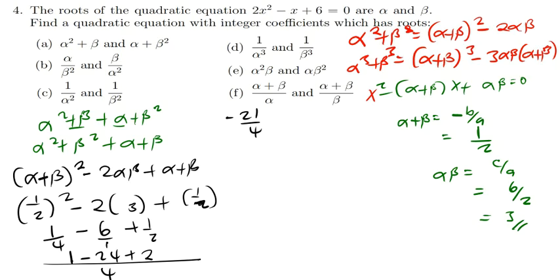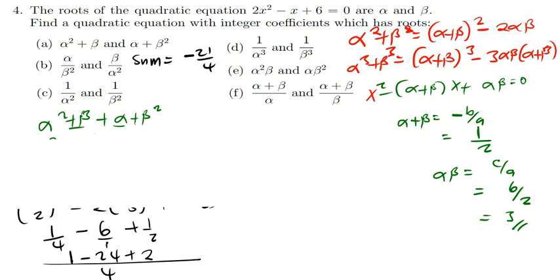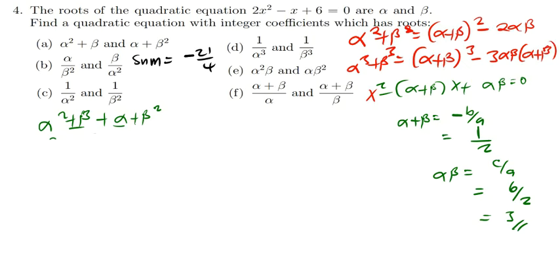Now I need to multiply. My sum is negative 21 over 4, I'll leave it there. Now I need to multiply these guys. Alpha squared times alpha is alpha to the power 3 plus alpha beta squared.